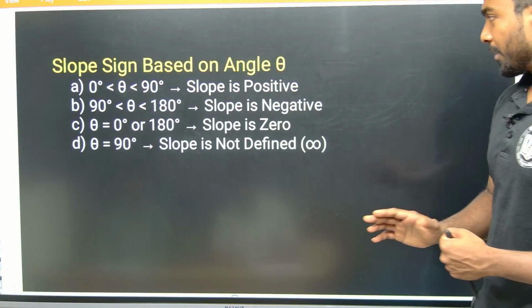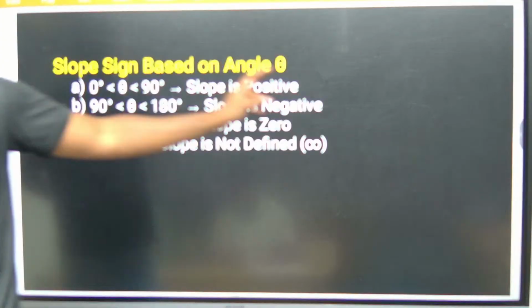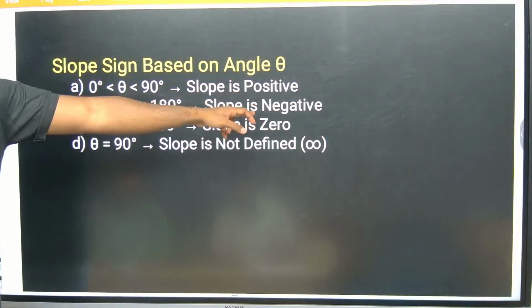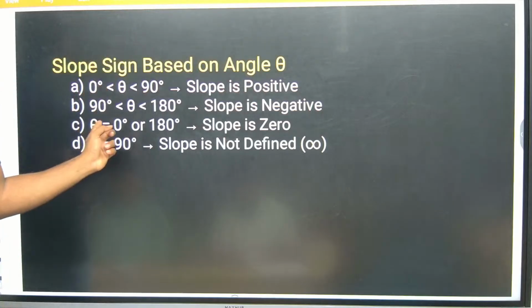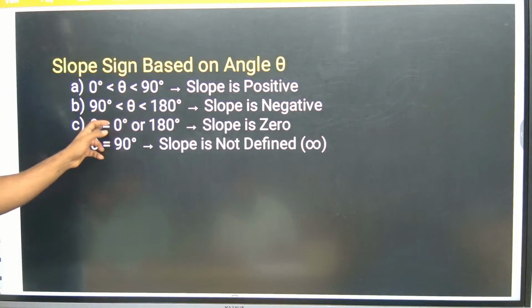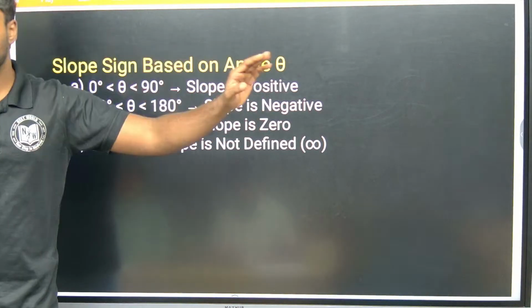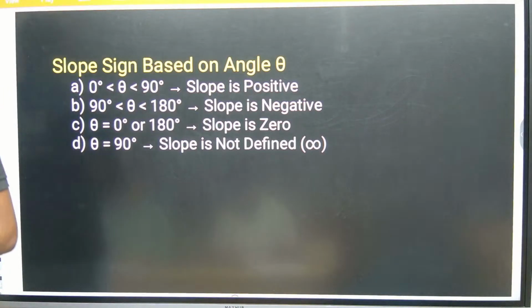The basic thing to remember: for an angle between 0 and 90, the slope is positive, which is increasing; between 90 and 180, the slope is negative, which is decreasing. Exactly 90 is undefined, and at 0 or 180 the slope is 0. You can note this.